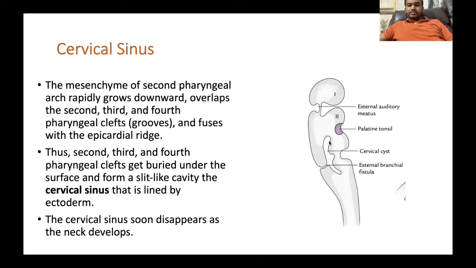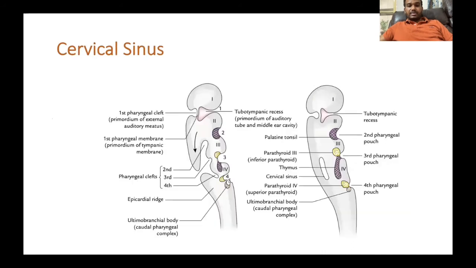So here, the second pharyngeal arch rapidly grows downwards and overlaps the second, third, and fourth pharyngeal grooves. Thus, the second, third, and fourth pharyngeal clefts are buried under the surface and form a slit-like cavity called the cervical sinus, and this cervical sinus will soon disappear as the neck develops.